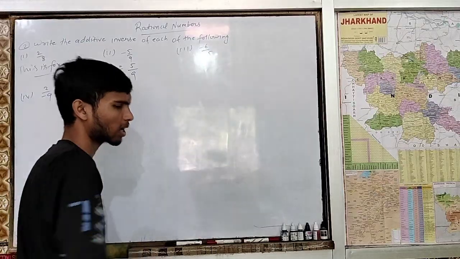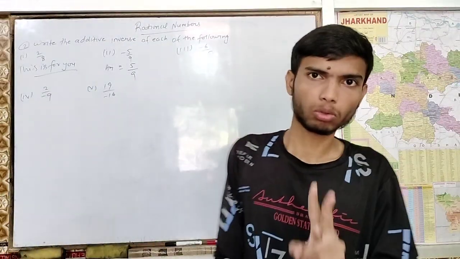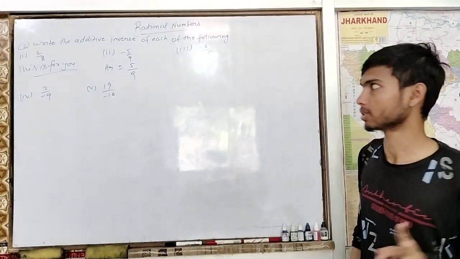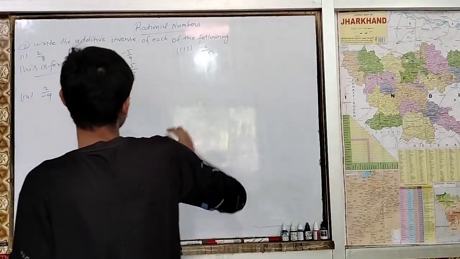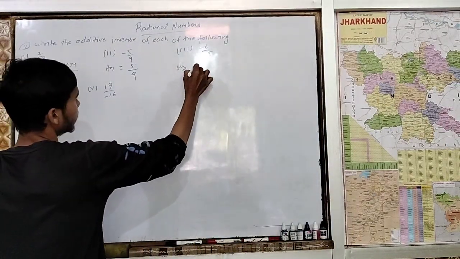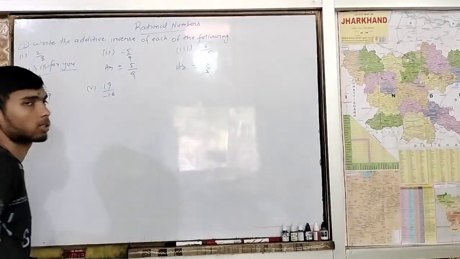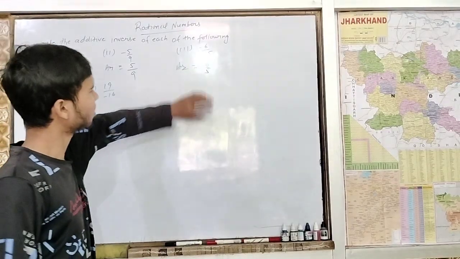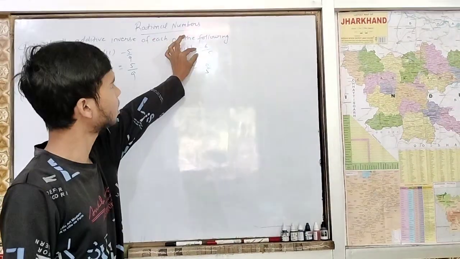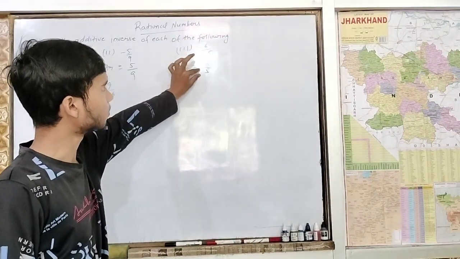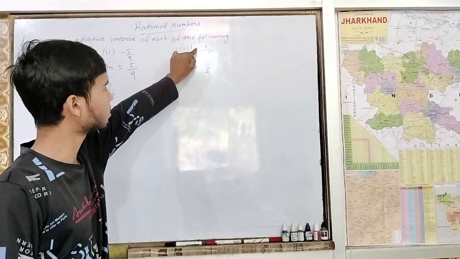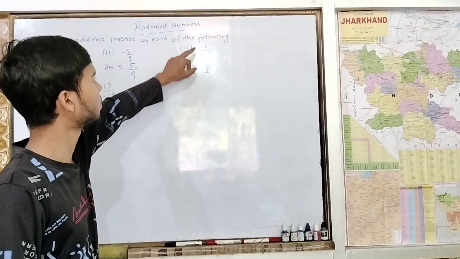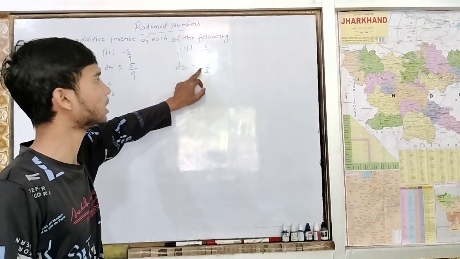You are observing two negative signs. Just convert these negative signs into positive. You will get 6 upon 5. Now we can clearly see that yes, this is the opposite of this. Here we have positive, negative. In this we have positive.